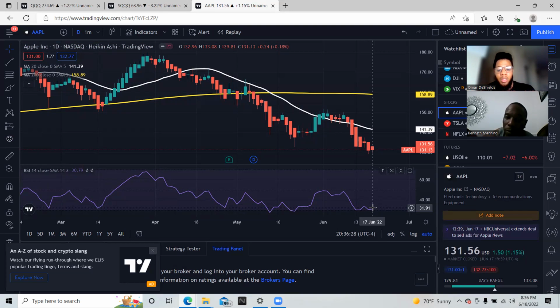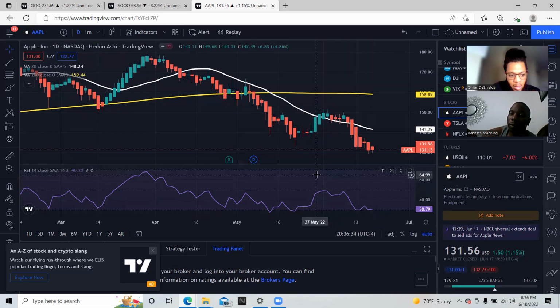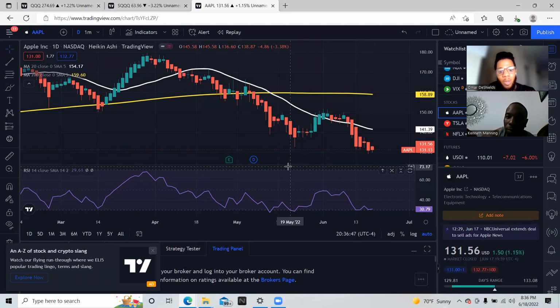If someone was looking at the chart, looking at the RSI, then it's probably a good time to buy. Because around here, when it did run up, RSI was 48, ran up to almost 50. And the last time the RSI was around 30, price had a low of 136.